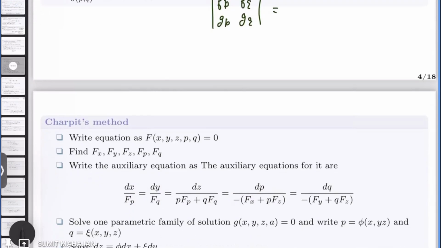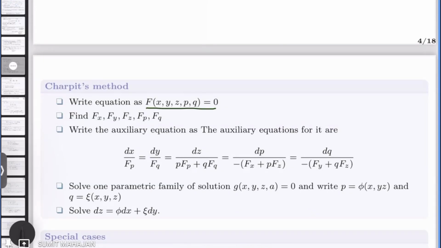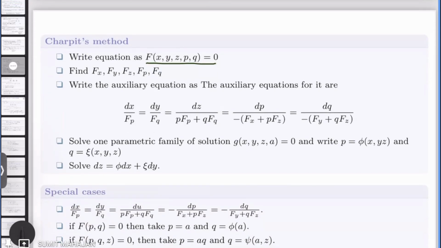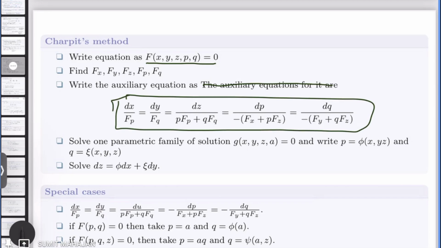Let's say we have a non-linear differential equation f of x, y, z, p, q. What we'll do is first find f of x, f of y, f of z, f of p, f of q. We'll find all the corresponding partial derivatives, and we'll write the auxiliary equation as dx upon f p, and so on. This method is called Charpit's method.